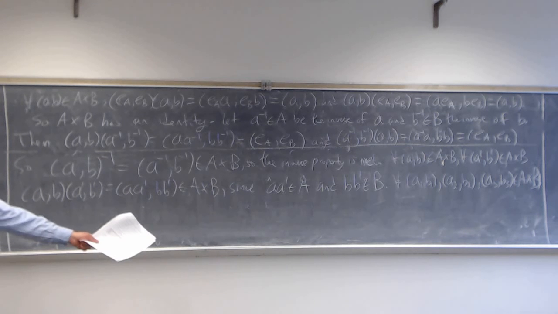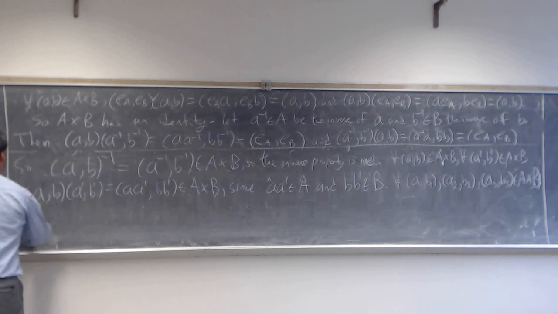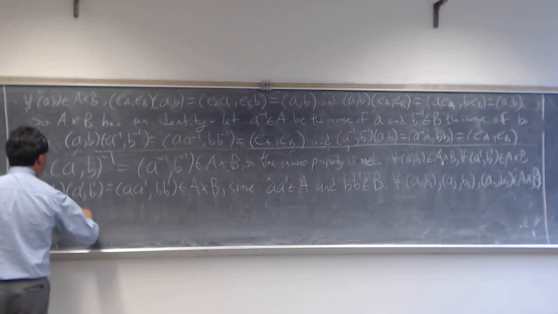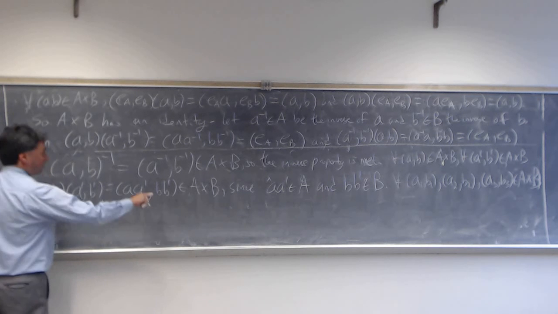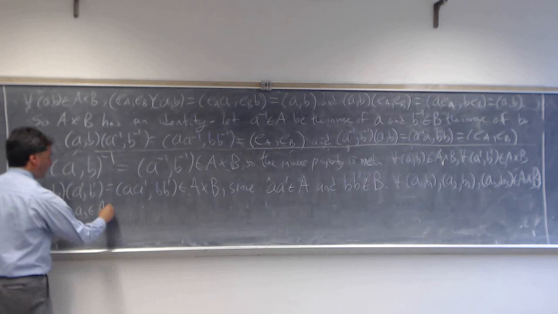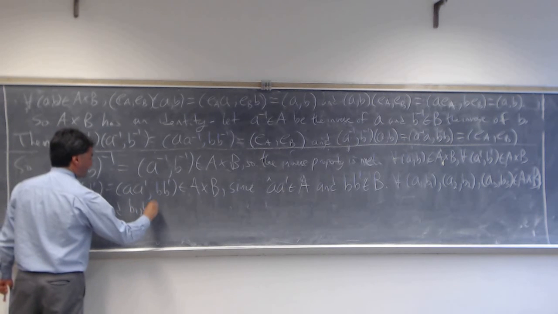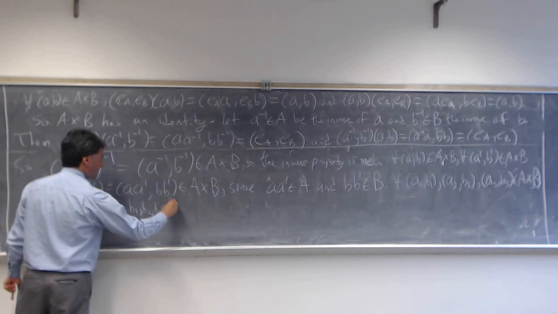If those three ordered pairs are in the product, that just means a1, a2, a3 have to be in A, because the first component has to be in A, and b1, b2, b3 have to be in B.